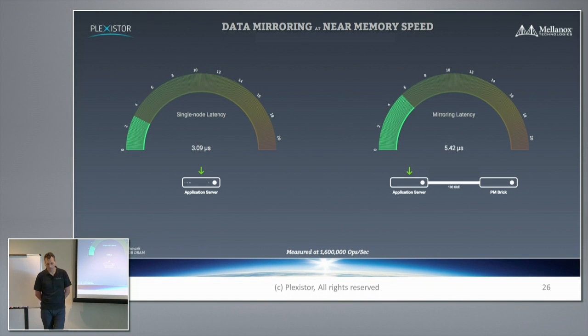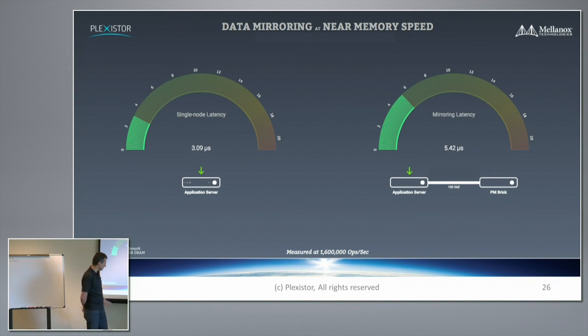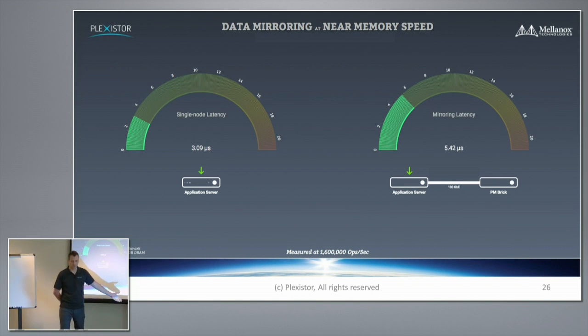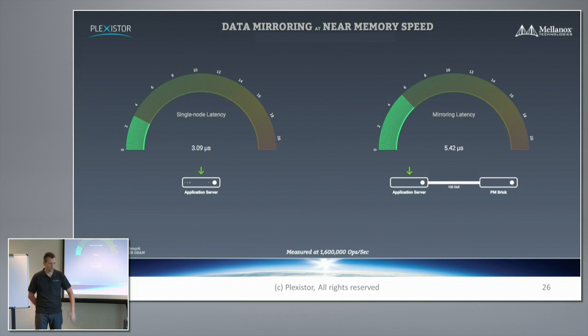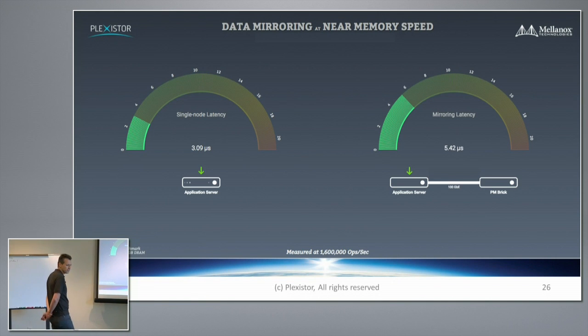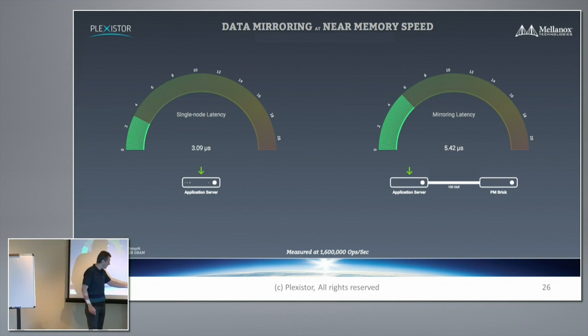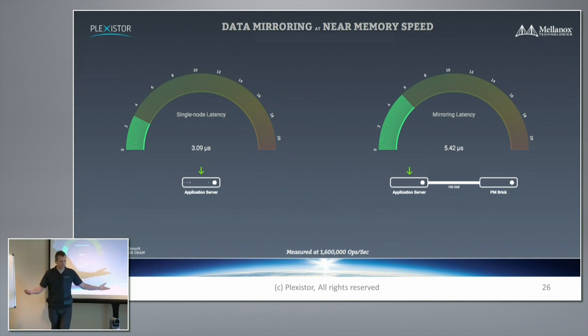The reason it's 3 microseconds is because it's running 1.6 million operations per second. Okay, it's not the maximum that it can do, but the 100 gig interface between the machines can't really carry a lot more than that. And even if it can carry 25% more than that, the latency is going to go up. So we chose near 1.5 million ops per second, thinking that's going to be good enough for most applications in the world anyway.